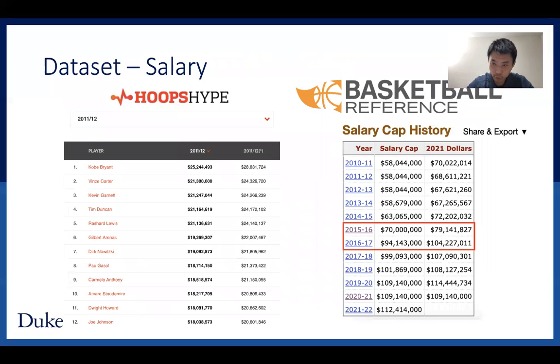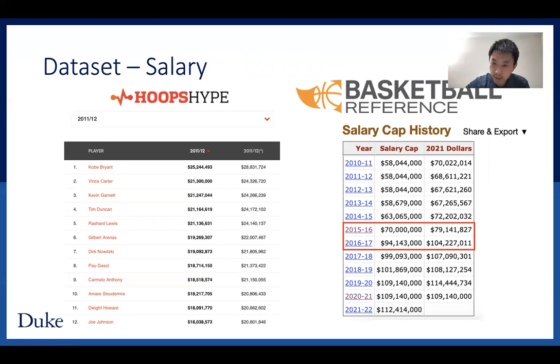And my response is that I'm going to evaluate players' value in salary. So I have the salary data from this HoopsHype data set, and also considering evaluating player salaries, we need to consider an important concept, which is salary cap. Salary cap can be considered as a team's wallet in that year.